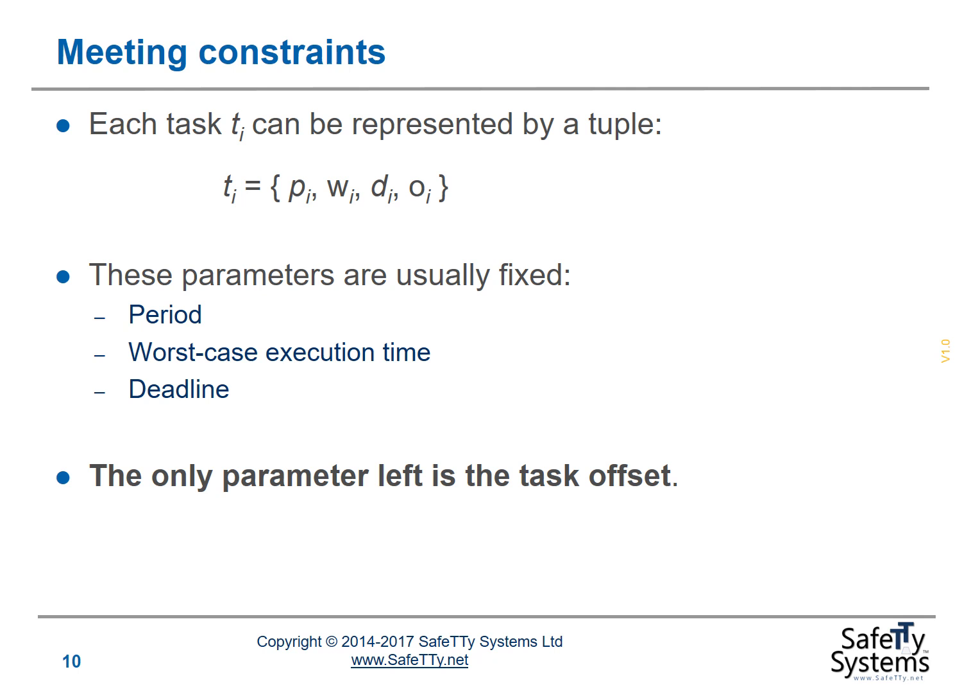Typically the period is essentially fixed, the worst case execution time is essentially fixed, and the deadline is essentially fixed because the deadline will be determined by our jitter requirements. The only parameter we have left here is the task offset. So if we're going to adjust our task behavior, we often have to consider the task offset as the main parameter that we have control of.